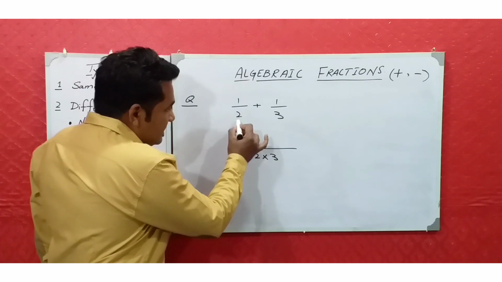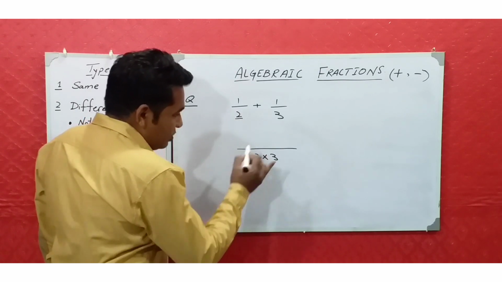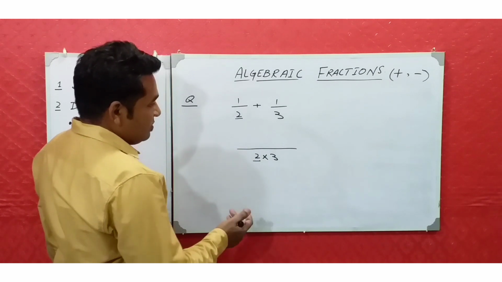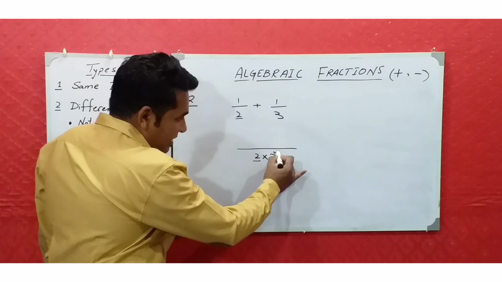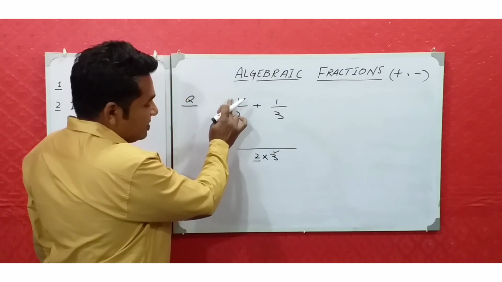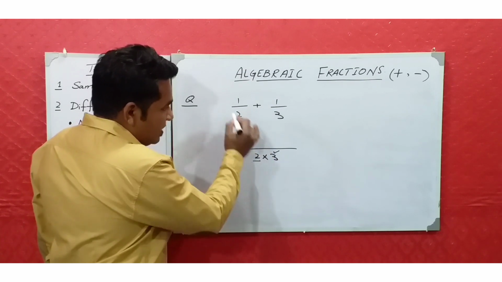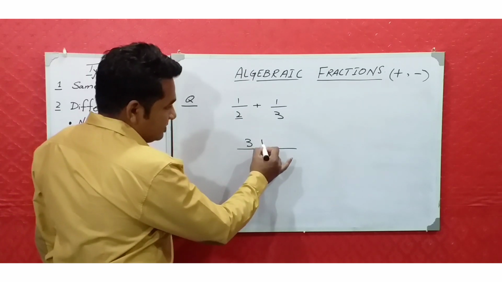So now you can see that this is 2, and in the LCM we have 2. So what is left in the LCM? 3.